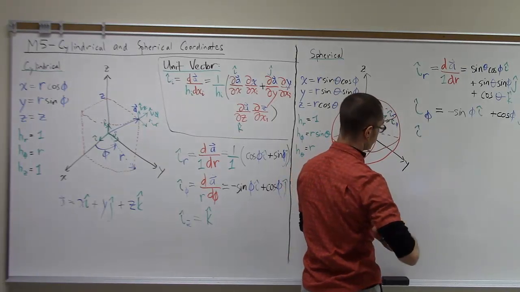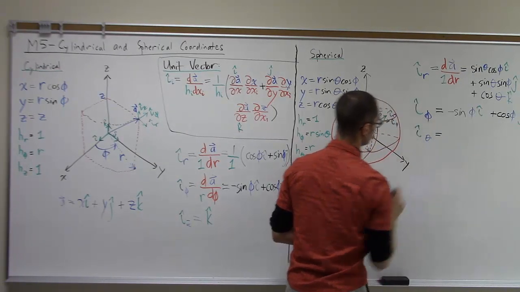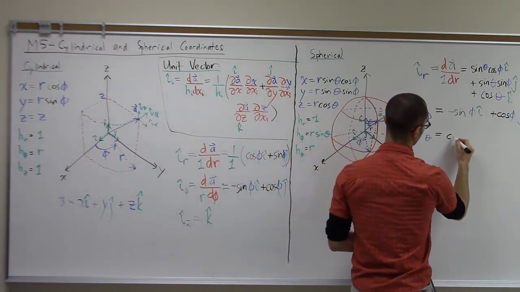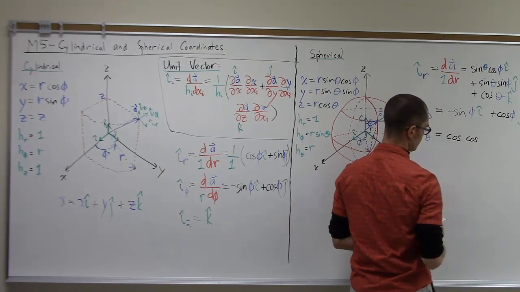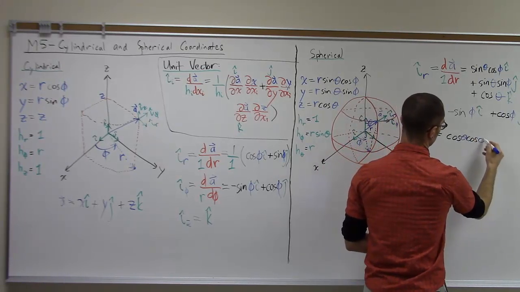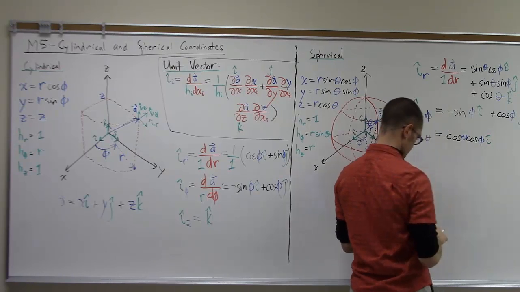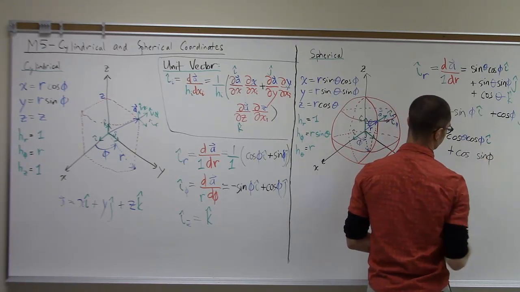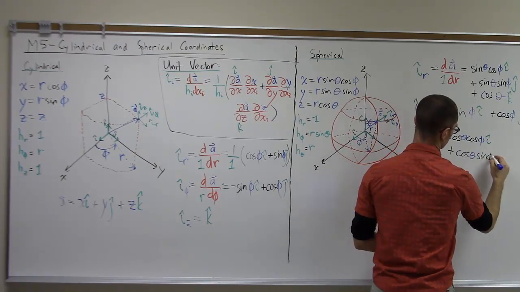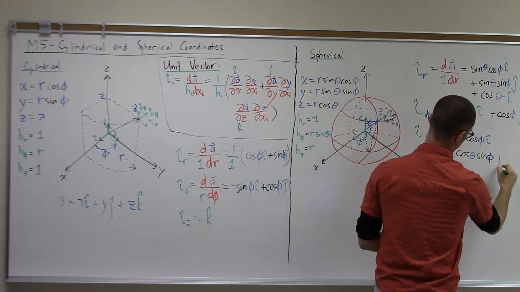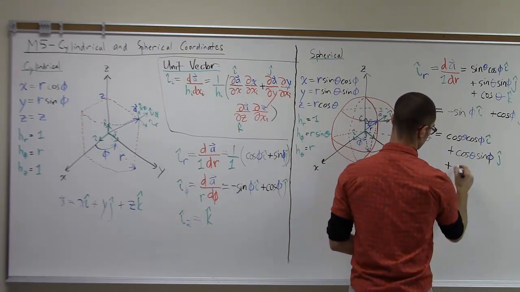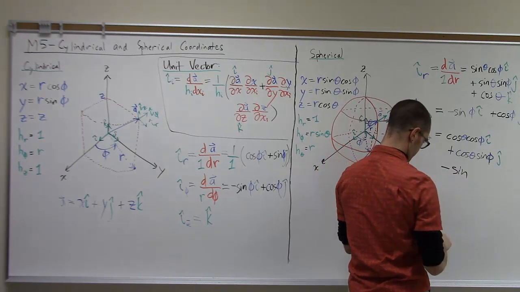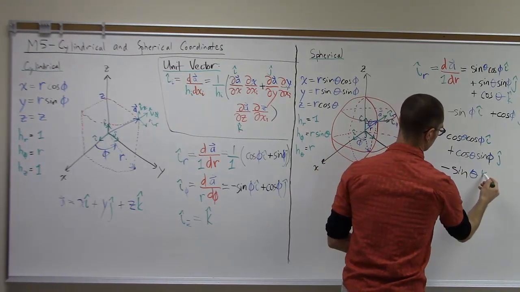The last one is i sub theta. When I work that one out, the scale factor is r, and so what I'll end up with is cosine theta cosine phi in the x direction, plus cosine theta sine phi in the y direction, and then minus sine theta in the z direction.